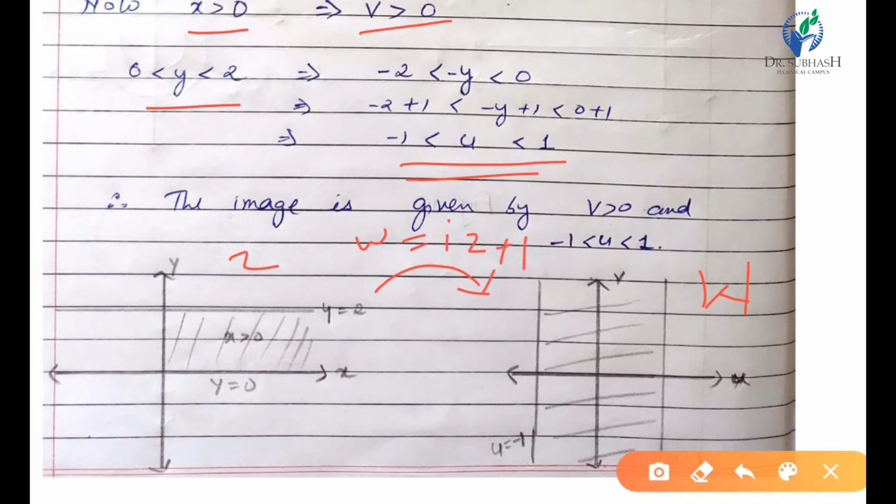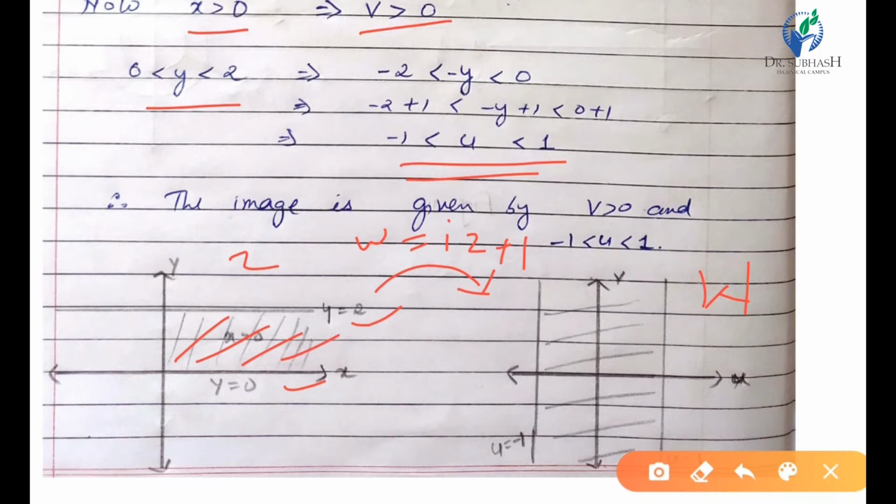We are using the transformation w equal to iz plus 1. So in z plane here we have y equal to 0, so it will be x-axis, y equal to 2 will be this line, and since it is given that x is greater than 0, so only the positive part we get, so this will be the region which is given to us.